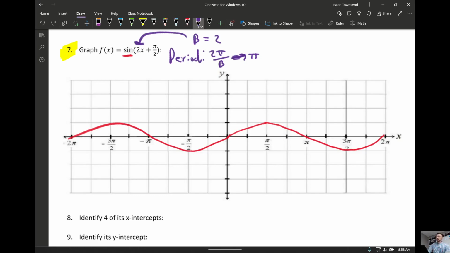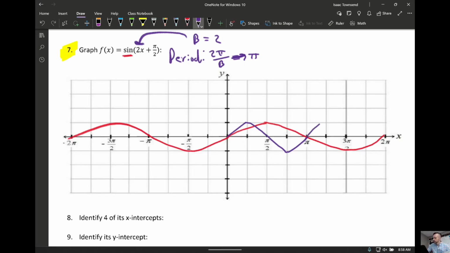And what that means is, instead of this pattern of going up, down, down, and back to where you started in 2 pi of space, I need to squeeze it into 1 pi of space. So now I still need it to go up, down, down, and back to where it started, but in the correct amount of space based on what B is.